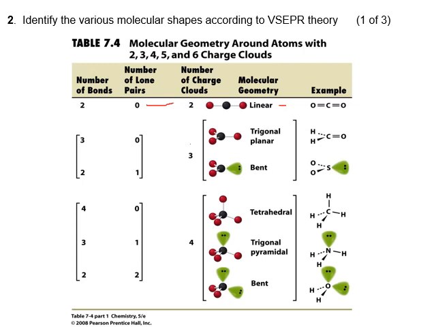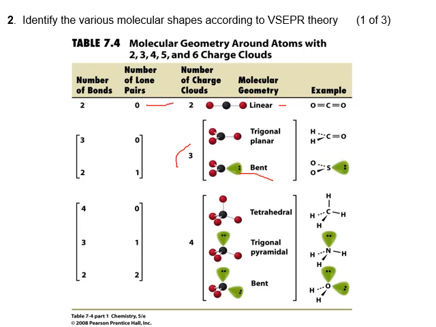When you have three charge clouds, the electronic geometry will always be trigonal planar. If you replace one of the atoms with a lone pair, then it becomes a bent shape, but that's not the electronic geometry. The electronic geometry here is still trigonal planar, okay? It's because you have three charge clouds and they're spread out as far as they can get, 120 degrees between each one in one plane.